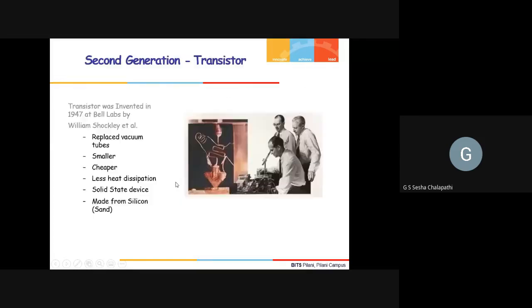The second generation of computing: the first generation was vacuum tubes, the second was using transistors by William Shockley and others. They replaced the vacuum tubes with transistors, which were smaller, cheaper, and had less heat dissipation, which is a very important aspect. Most importantly, it was a solid state device made of silicon.